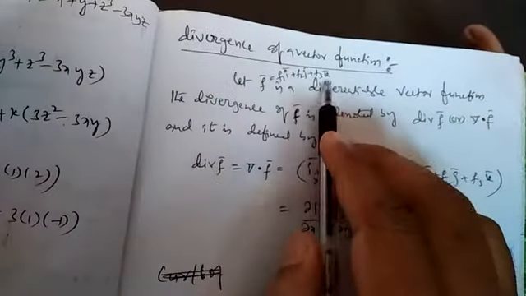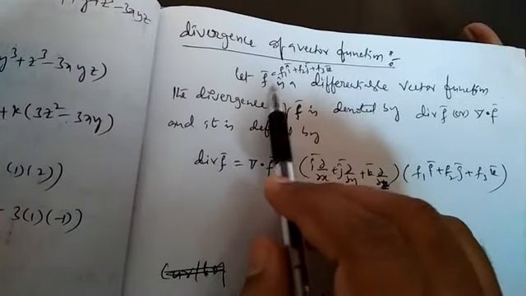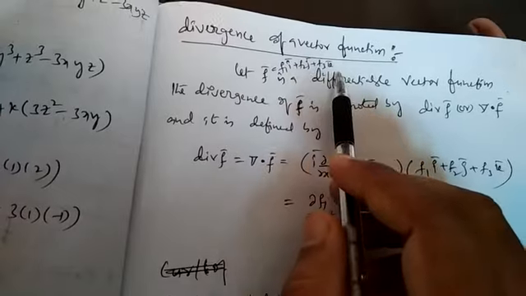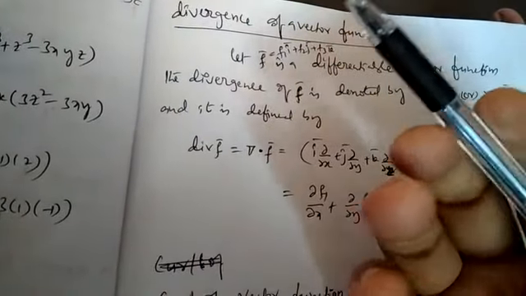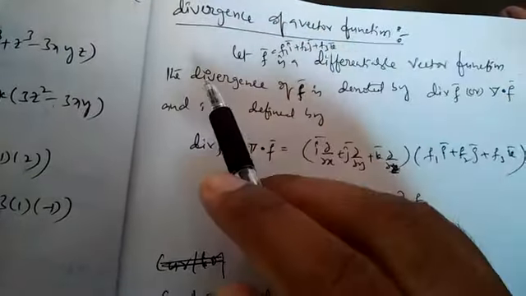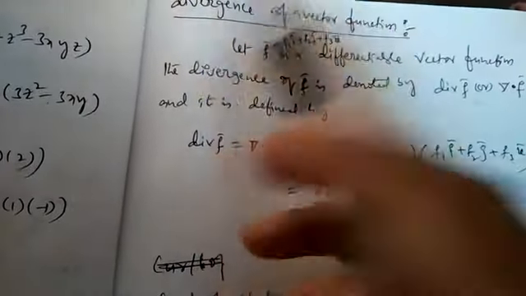Now, when I apply this del operator on a vector function, how does it change? Next, the del operator applied on the vector function. Now if f is f1i plus f2j plus f3k, when the del operator is applied on the vector function, we operate on two vectors.